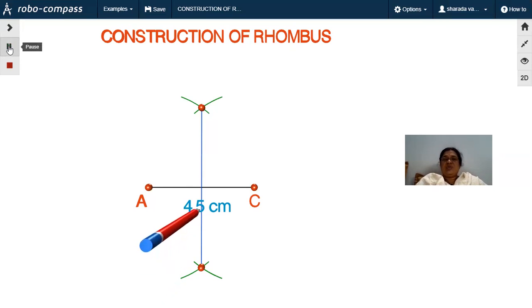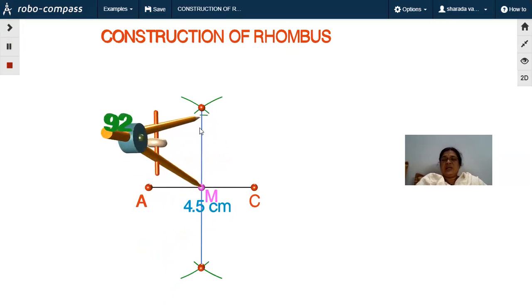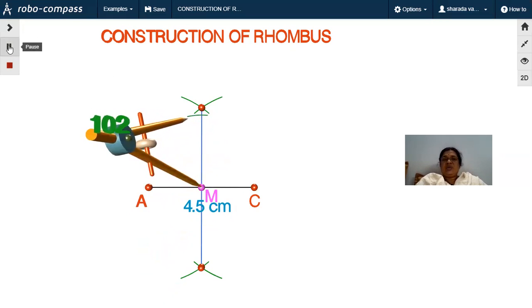Now we'll get the other 2 vertices of the rhombus. This will be a diagonal, and for the other diagonal we can locate the other 2 vertices on this perpendicular bisector itself. You know the length of the other diagonal? It is 6 centimeters.